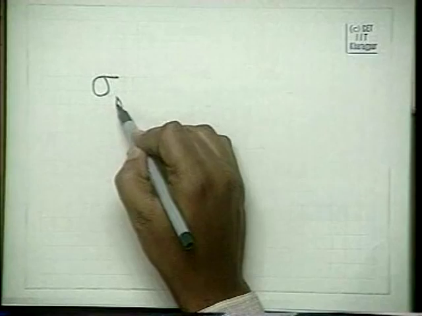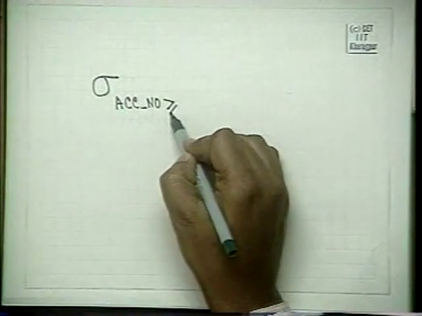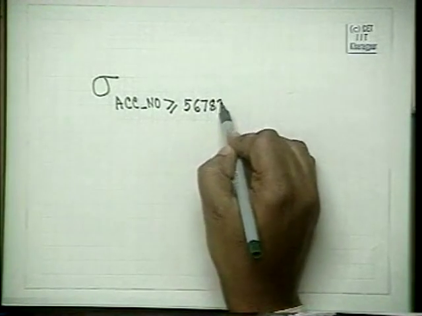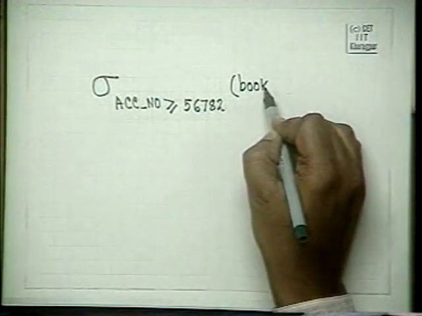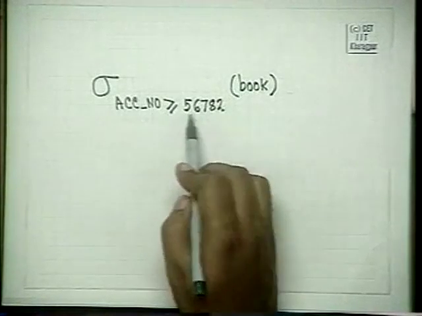Let us take another example. This example I will write down slightly bigger. Select accession number greater than equal to 56782, this is a subscript.